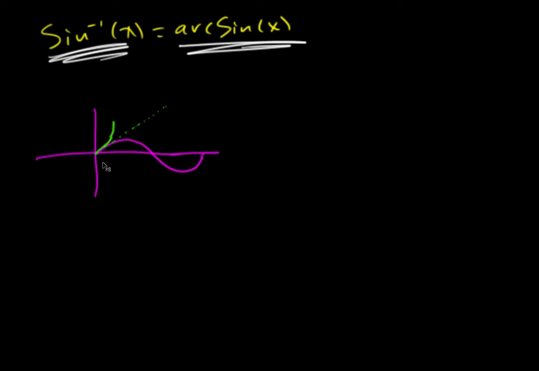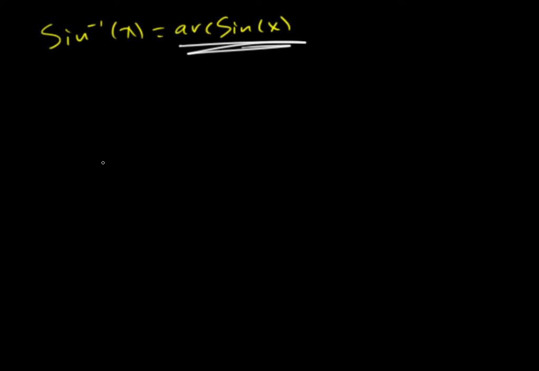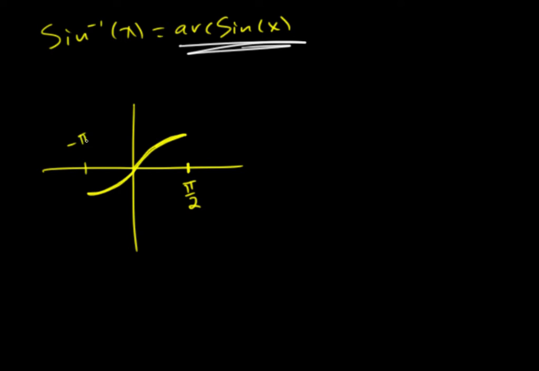So what we're going to do instead is draw a sine in a very specific way with a restricted domain that allows the inverse to also be a function. So if we only draw sine to the peak and then to this valley, or in other words we draw it between pi halves and negative pi halves, so this is sine of x.